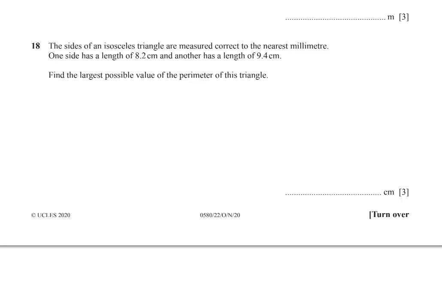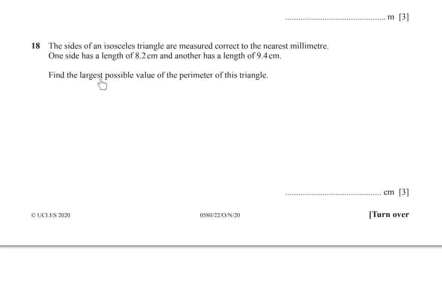Number 18. The sides of an isosceles triangle are measured correct to the nearest millimeter. One side has length 8.2 centimeter and another has length 9.4 centimeter. Find the largest possible value of the perimeter of this triangle.